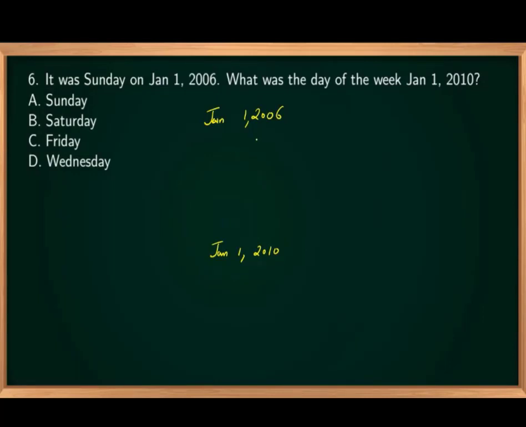So find the number of odd days in between January 1, 2006 and January 1, 2010. Between January 1, 2006 and January 1, 2007, 2006 is not a leap year, so the number of odd days is 1. Then between January 1, 2007 and January 1, 2008, again plus 1.